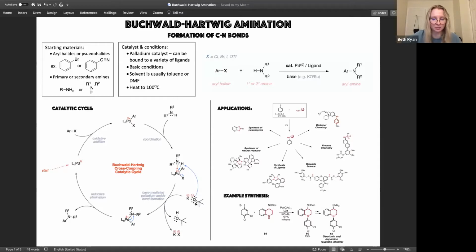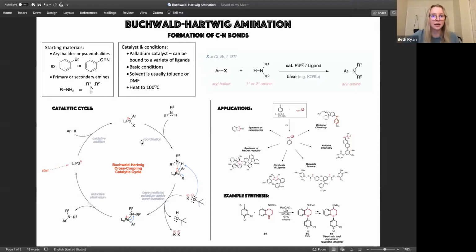Then here's the potassium tert-butoxide, which exchanges and takes the halogen with it. And then there's the reductive elimination, where the electrons go back to the palladium. The aryl group forms a bond with the amine, and through reductive elimination you have your aryl amine, and the palladium goes back to being palladium 0.